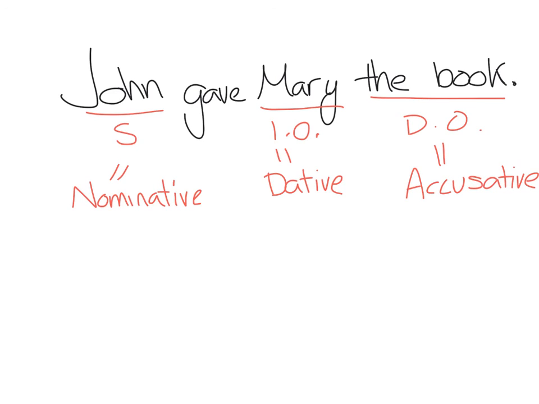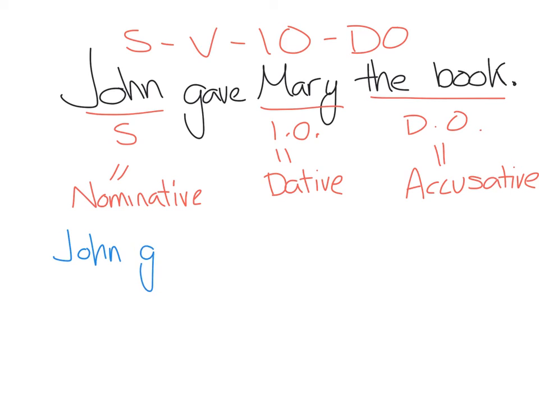And what you see here is the typical German sentence structure. You have subject, verb, then your indirect object, and then your direct object. So if I wrote this sentence in German, John gab Mary das Buch.